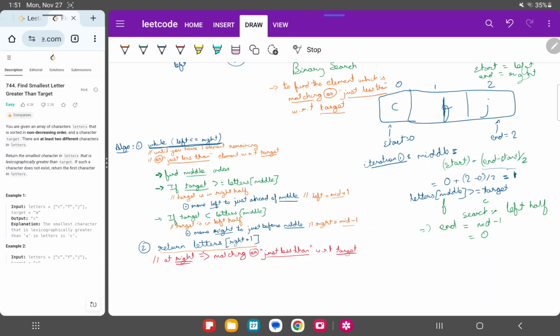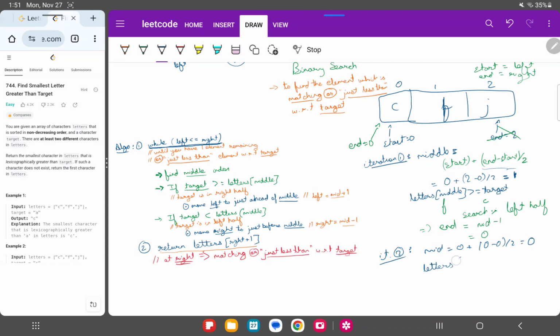So we immediately fall to this part where end is now this part, right? So in iteration 2, what is the mid right now? Using the same formula, 0 plus 0 minus 0 divided by 2, this gives us 0.